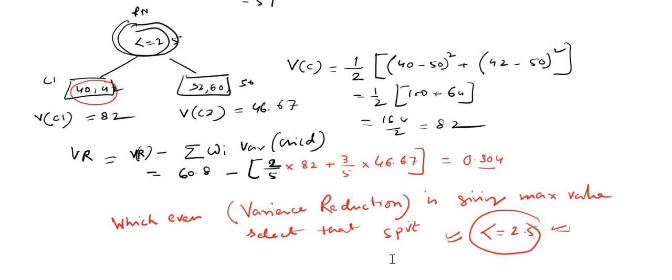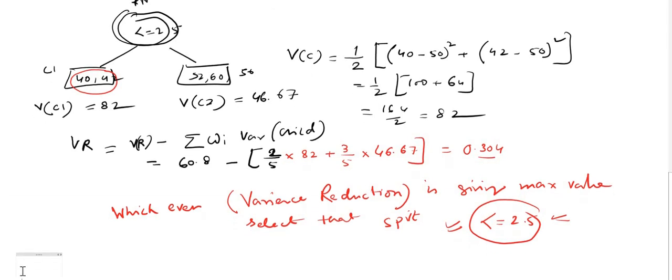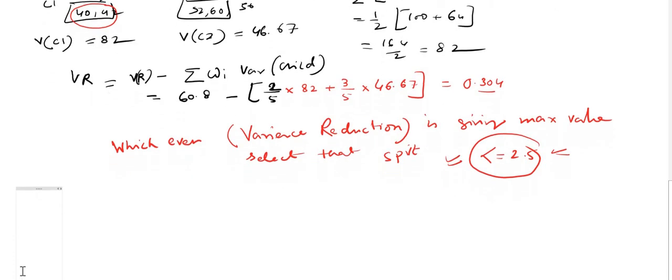Now another interesting question is, when the new test data will come, how will we calculate? So let's consider, we know that we have to select this, which is less than or equal to 2.5, and we have the data something like this.